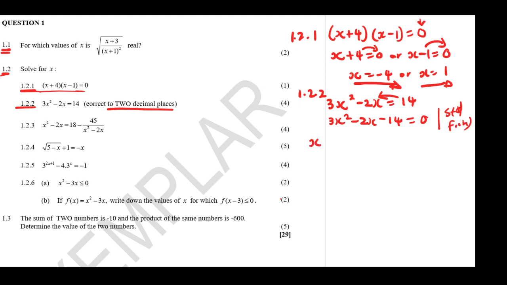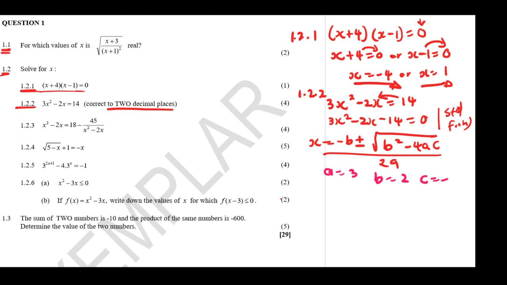And then you put it in your quadratic formula because we can't factorize this. Hence, they told us to write down in decimal places. So it's x equals minus b plus or minus the root of b squared minus 4ac, divided by 2a, right? So you're going to substitute all your values inside here. Your a value is equal to 3, your b value is equal to minus 2, and your c value is equal to minus 14.